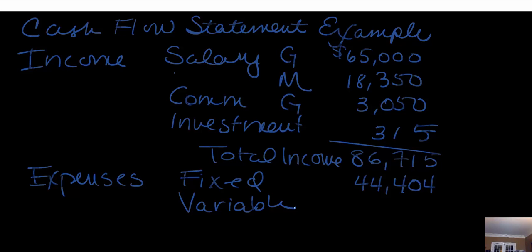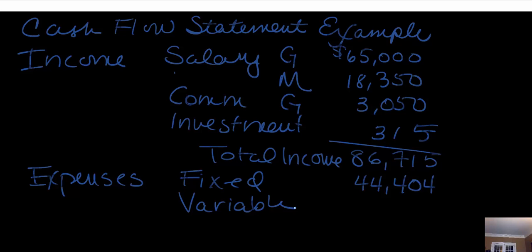And then their variable expenses, and those are the things that they have a little bit more control over. So if times got tight, they could cut back on these things. Those are things like utilities, food, including going out to eat, new clothes and shoes, trips to the spa, or going on vacation, or gifts for each other or for others.